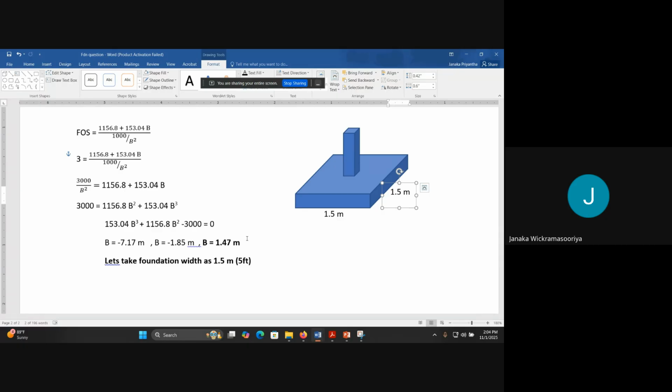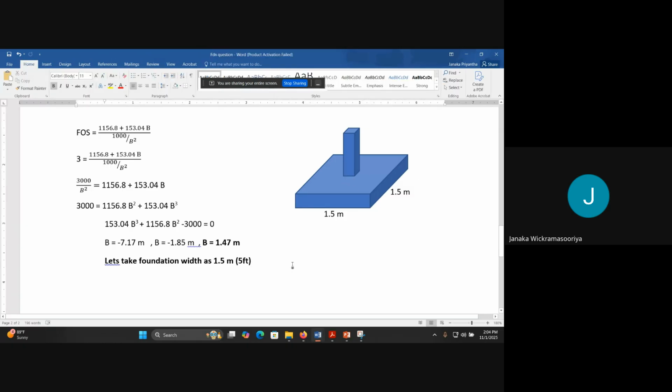Now this is for the factor of safety of 3. We can rearrange the factor of safety and see how this varies. So if you have any questions, you can ask.